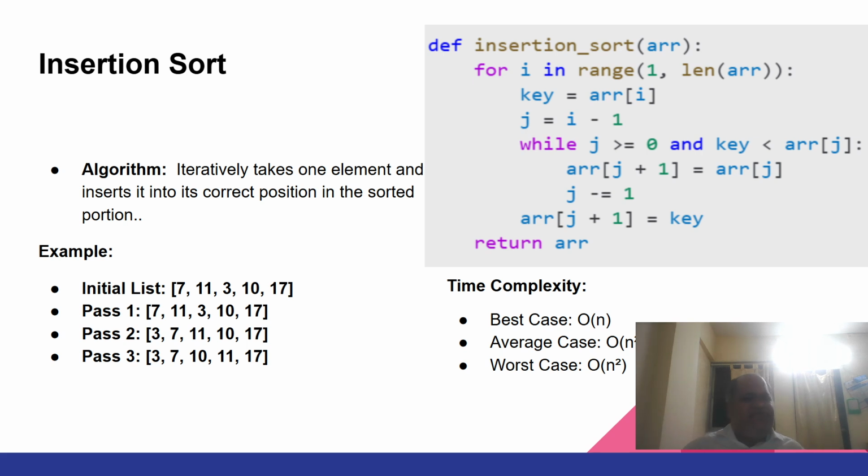Let's move to insertion sort, which is actually very, very interesting. Insertion sort has a different philosophy. It starts with the frame of mind where iteratively it takes one element and finds out its correct position. How can you do that?